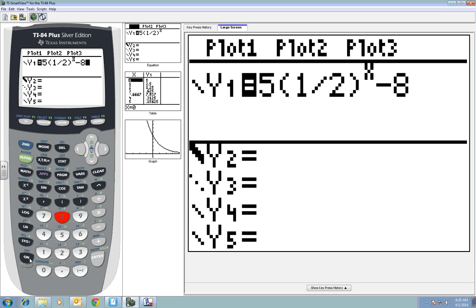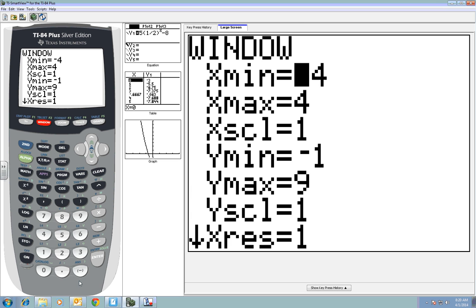So this -8 is going to translate this graph 8 units down from where it normally is. Now, I also need to change my window. What's my window going to change to? Okay, good. -5 to 5 on my x and my y axis.